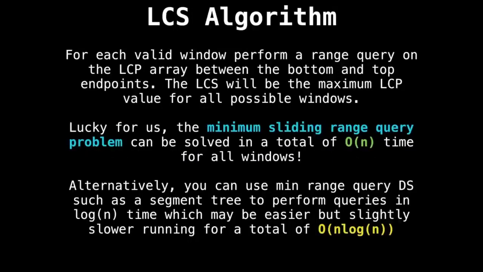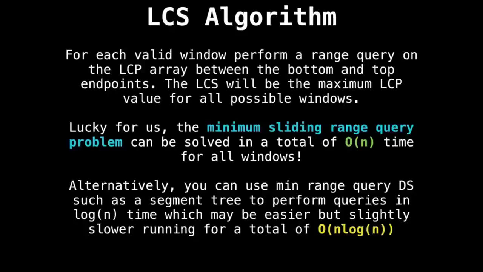Here are some more details on how we are actually going to perform the query to obtain the minimum LCP value on the current window we are considering. Turns out that this is a pretty popular problem and it can be solved in a variety of ways.